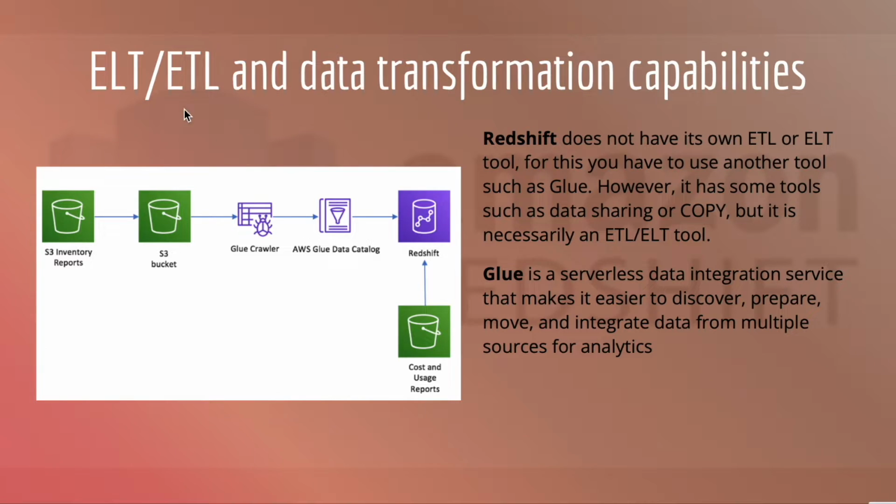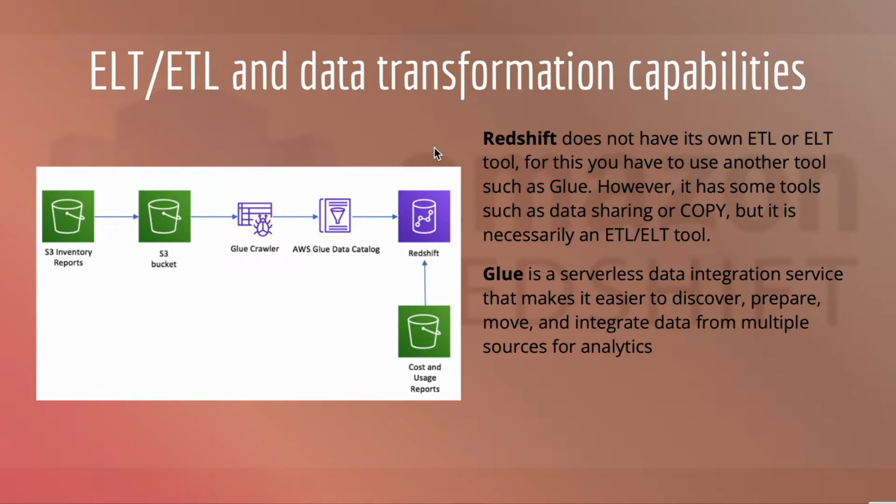Now, this is a very important capability of Amazon Redshift: ETL and ELT. This is extract, transform, load and extract, load, transform. In Amazon Redshift, extraction and transformation of data cannot entirely be done on Amazon Redshift.